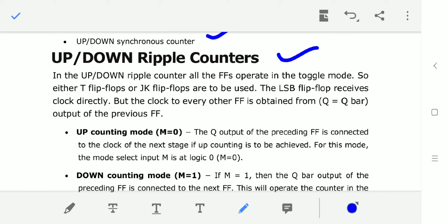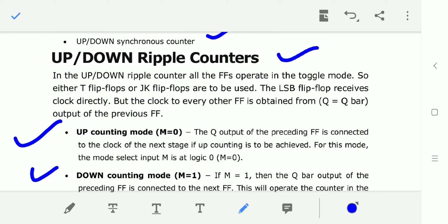In the up-down ripple counter, all the FFs operate in the toggle mode, so either T flip-flop or JK flip-flop are to be used. The LSB flip-flop receives clock directly, but the clock to every other FF is obtained from Q or Q bar output of the previous FF.